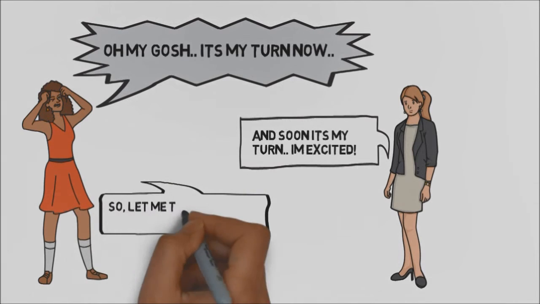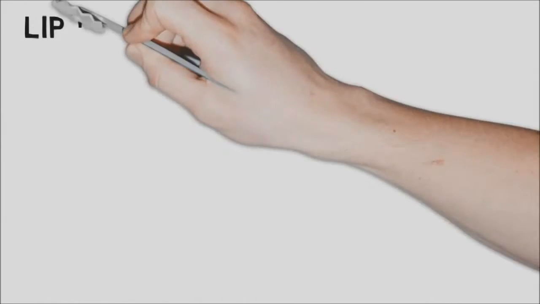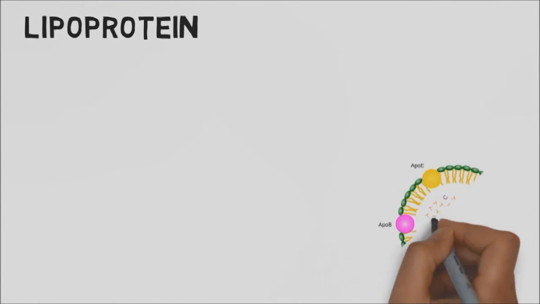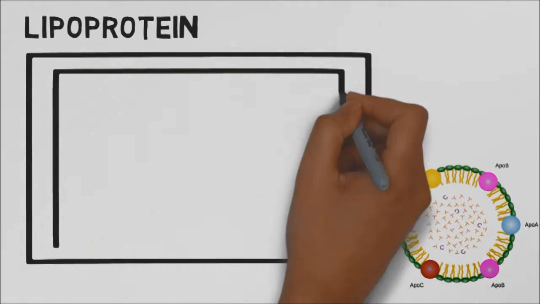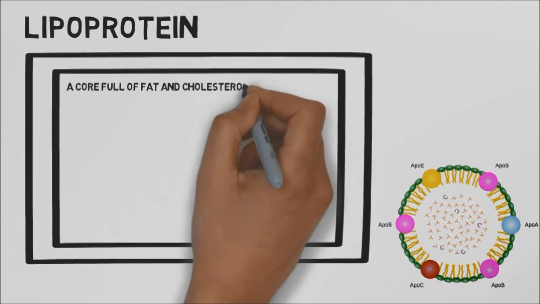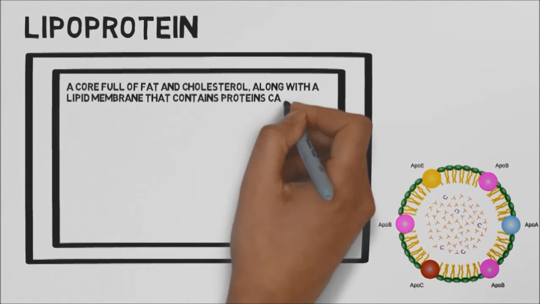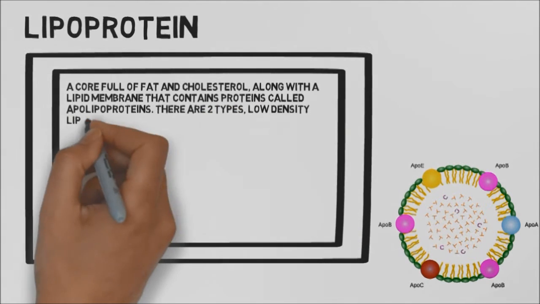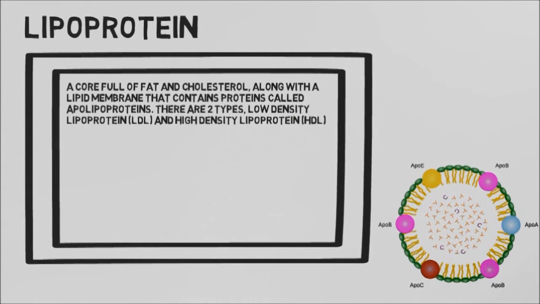So, let me talk about the lipoprotein first. A core, full of fat and cholesterol, along with a lipid membrane that contains proteins called apolipoproteins. There are 2 types, low-density lipoprotein, LDL, and high-density lipoprotein, HDL.